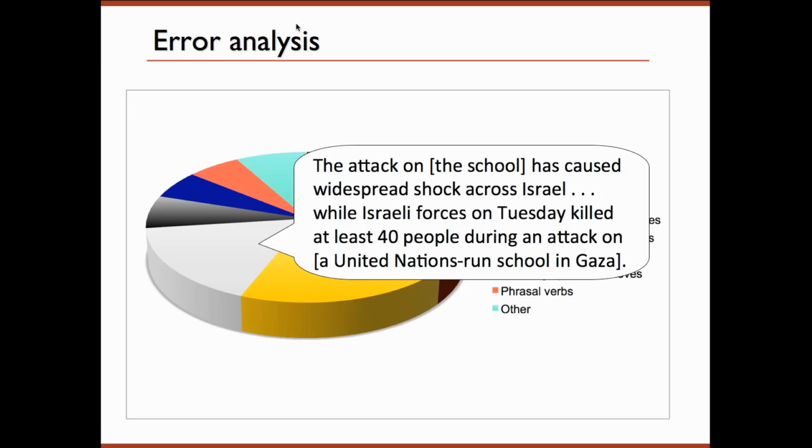If you had that information, the attack on the school, knowing that this is the patient of the predicate attack, and attack on some other school, our system would have merged them because they match all the features that we had for semantic role labeling information. But our system doesn't do nominal predicates. So we missed this link here. We didn't know that they are actually arguments on the same predicate. So because of that, we couldn't merge them.